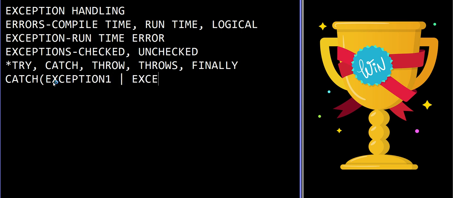After that we have a special feature in catch: a mechanism for catching multiple exceptions. We have seen that one catch block handles only one exception, but by using this we can handle multiple exceptions.